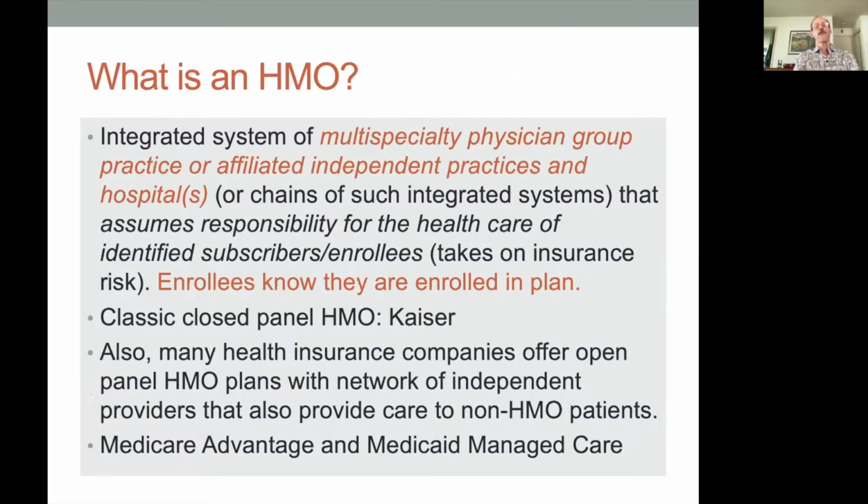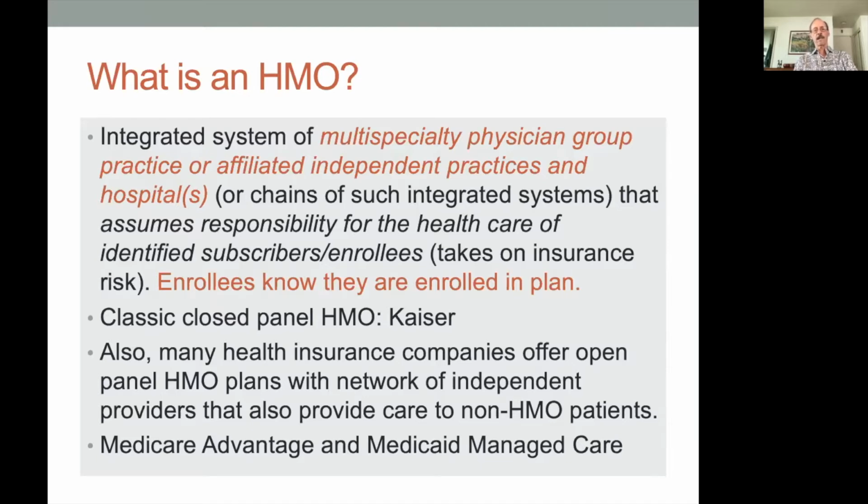So the forms of intermediaries are an HMO, which means that you have an integrated system of a multi-specialty physician group and hospital or hospitals, and enrollees sign up for the plan. They are members. They either pay a premium or the government pays it for them, and they have to get all their care from that system.